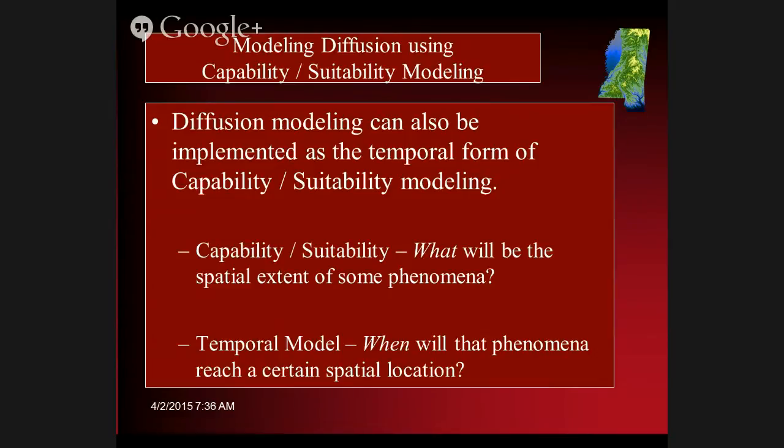So there's an element that can be used to model the growth, the actual growth, as a function of time. Capability suitability modeling asks the question, what will be the spatial extent of some phenomenon? Where are all the locations it could occur? Temporal modeling, when we bring that into the equation, we're answering the question, when will the phenomenon reach a certain spatial extent?